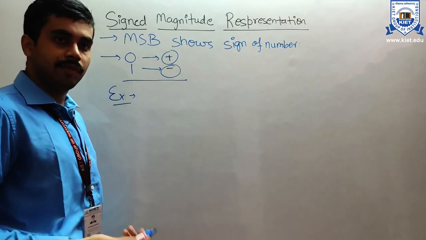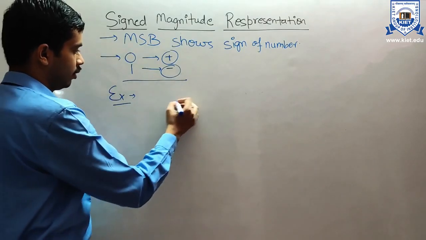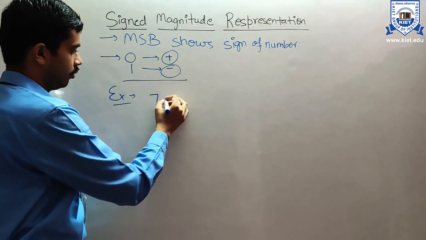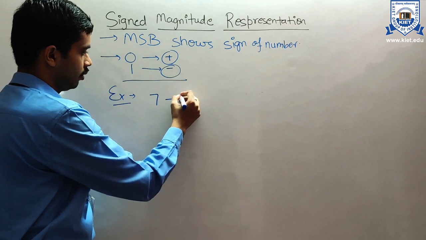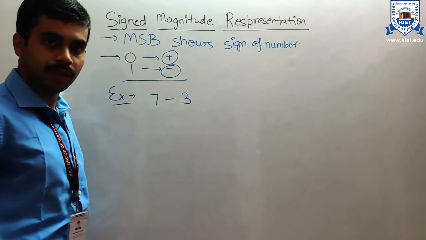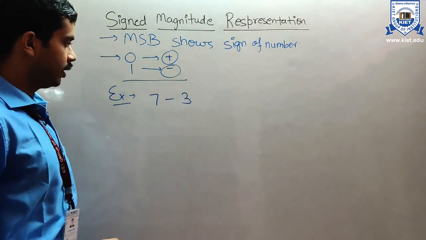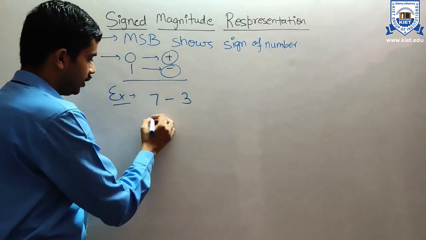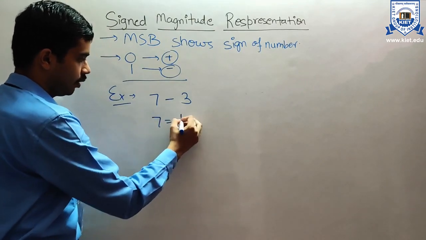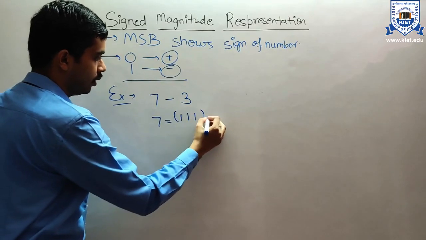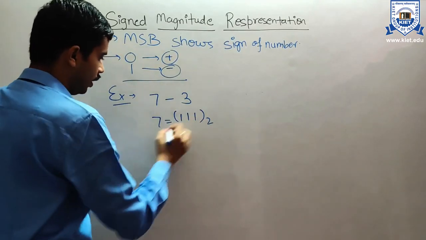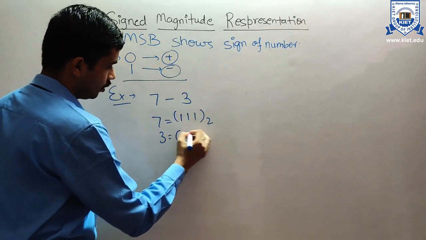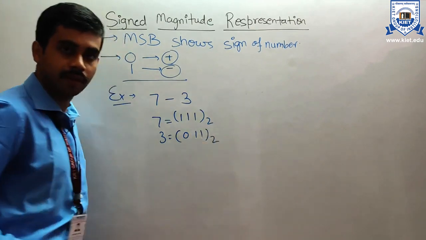For example, we have to subtract 7 minus 3. What is 7 in binary, by the way? That is 111 base 2, and 3 is 011 base 2.